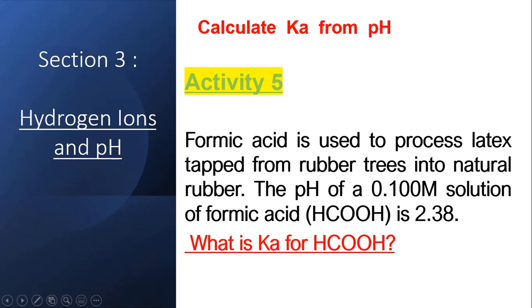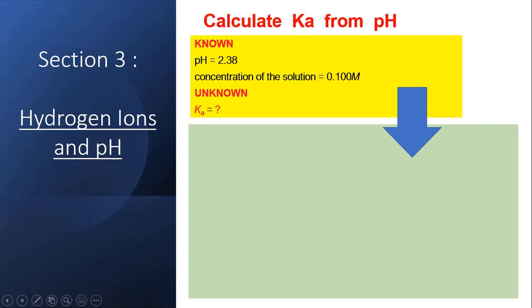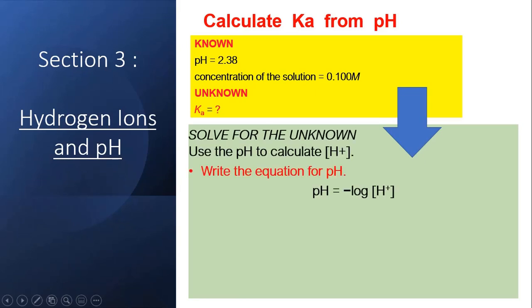The concentration of this acid was given, 0.1. Do we think that this is a strong or weak acid? We will see. If you see pH equals 2.38, the concentration of the solution is given also 0.1, the Ka is unknown.